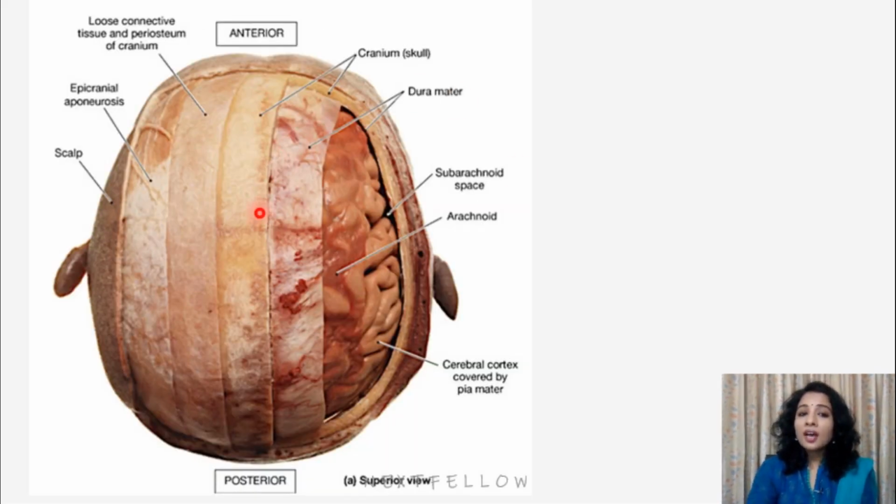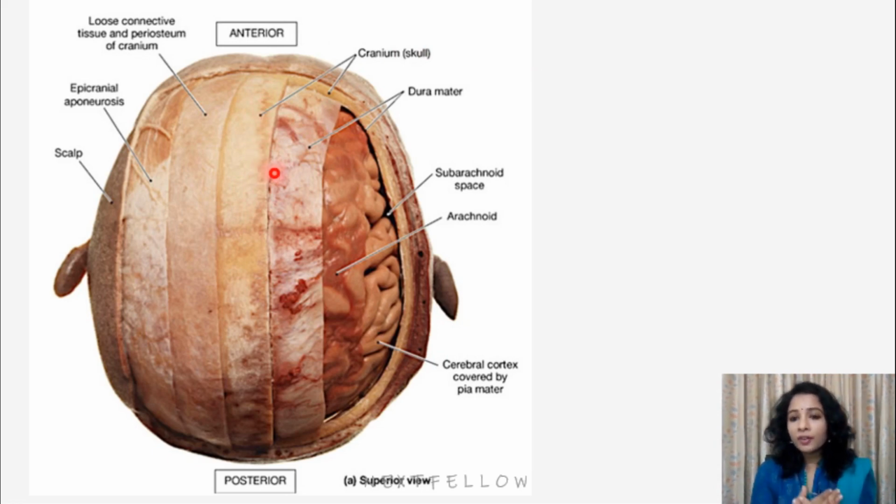Next, the last layer is the pericranium. The pericranium is the covering of the bone, and it is nothing but the periosteum, covering the outer surface of the calvaria. It is attached to the bones, but loosely attached. We can easily strip off the pericranium, except at the site of the sutures. At the site of the sutures, the pericranium continues with the fibrous structure within the suture.